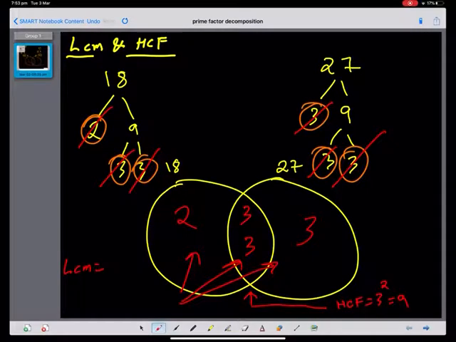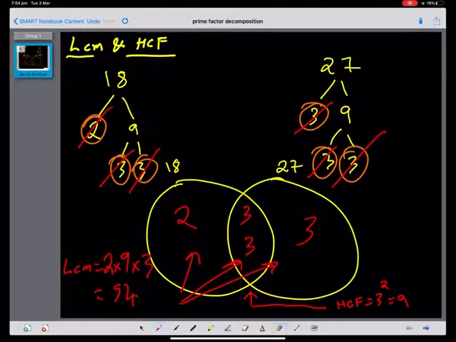So we've got 2 multiplied by 9 times 3. 2 times 9 is 18, and 3 times 18 is 54. I'm hoping you can see that 2 times 27 is 54, and 3 times 18 is 54.